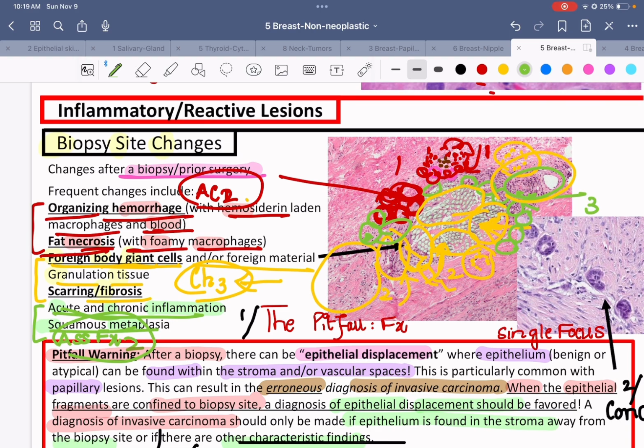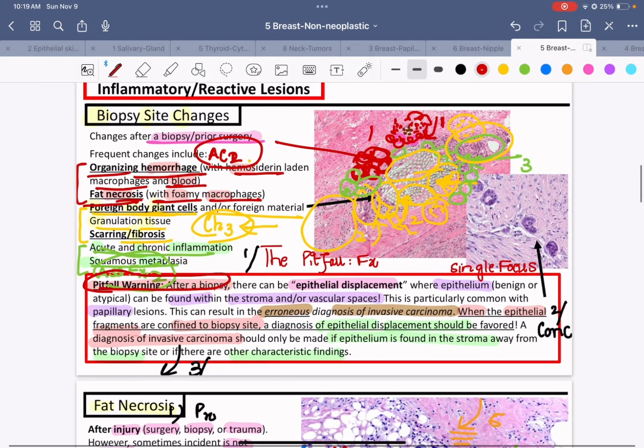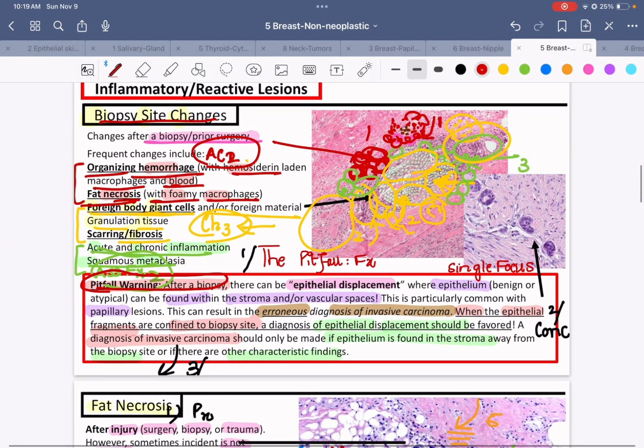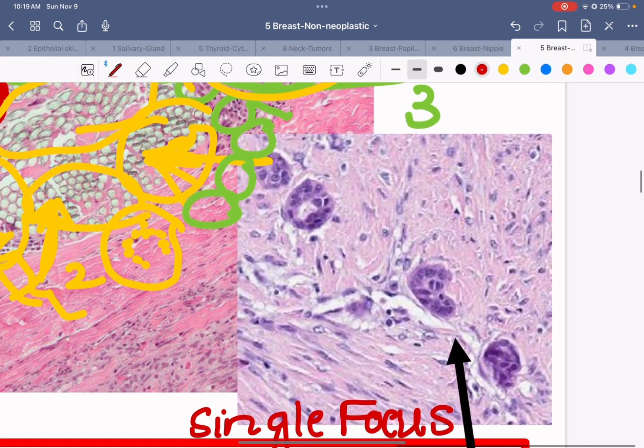Now a very important warning once it comes to biopsy site change is that there is a very high chance that the biopsy site change can cause an artifact, and this artifact can be mistaken for malignancy, right? And what is that artifact? You know that this patient had a breast biopsy previously at this particular location, the 2 o'clock location.